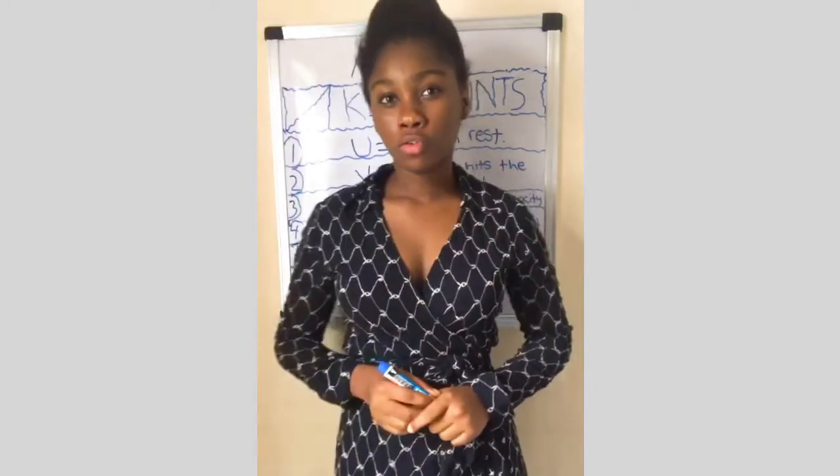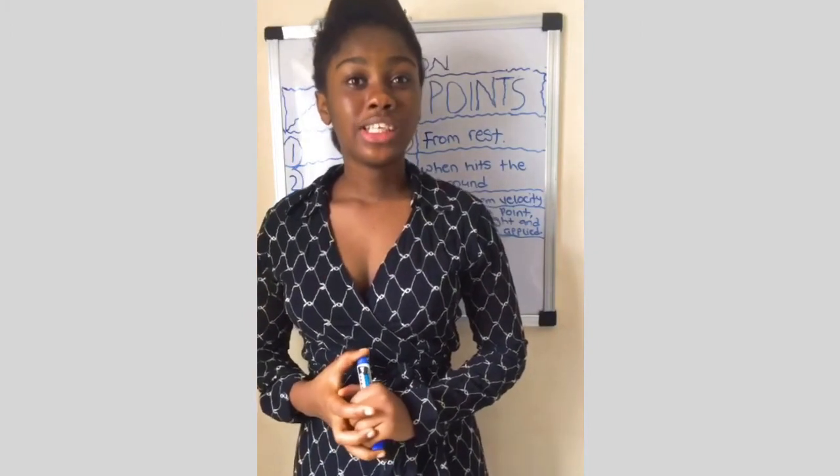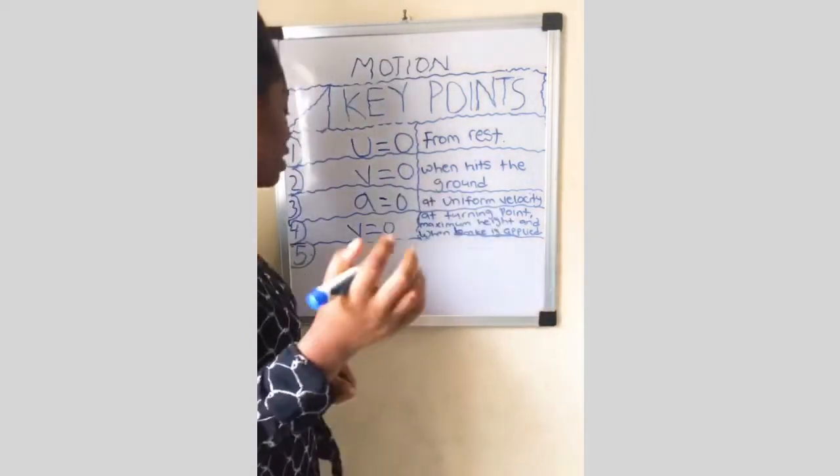Point 5. If the body travels a distance and returns back to its initial point of travel, the vertical distance is equal to 0. I'll quickly explain that.